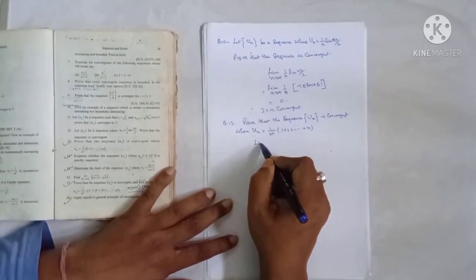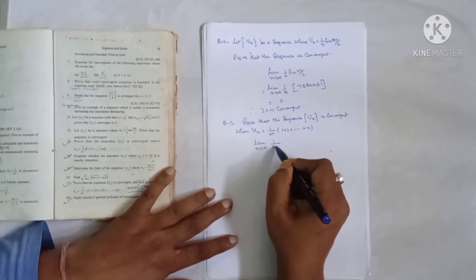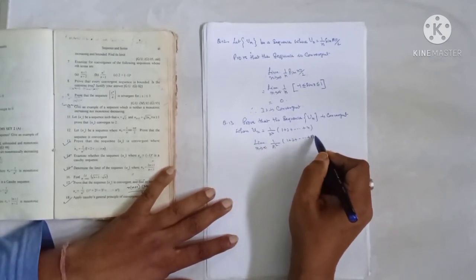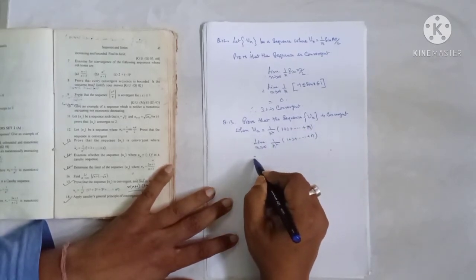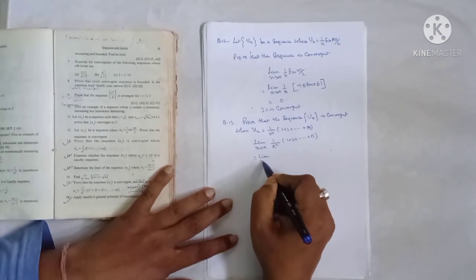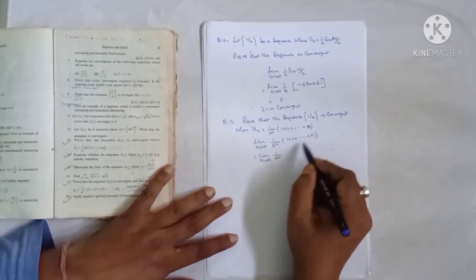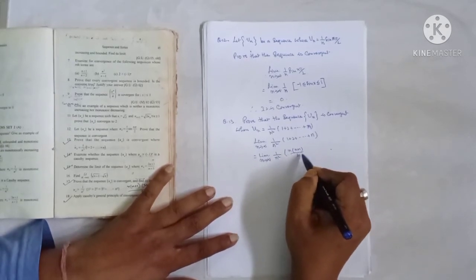Now the limit as n tends to infinity of 1 by n square times 1 plus 2 plus dot dot dot plus n. The sum of this formula is n into n plus 1 by 2.